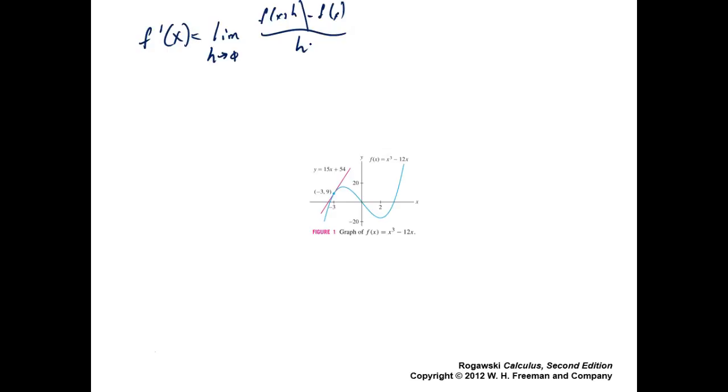Now, unfortunately here's our f, okay? So the first thing we got to do before we can plug it into this limit is figure out what f of x plus h is. There are easier things, but it can be done. So let's do it. F of x plus h. Got to figure out what that is.